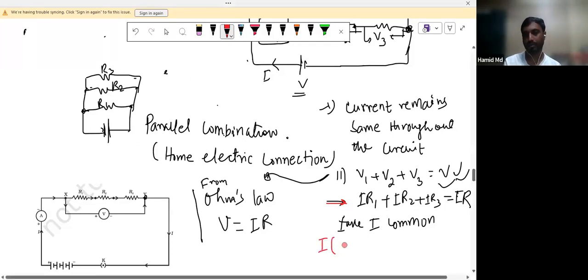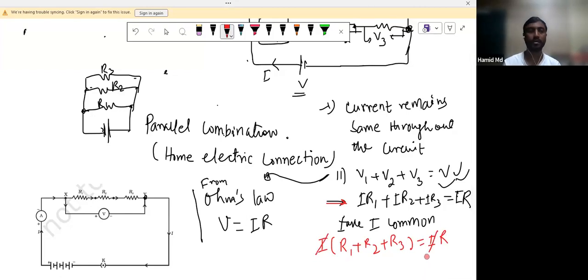If I take I common, then it will be R1 plus R2 plus R3, right? This is equal to I times R. Is this clear? Yes, sir. This I and this I are the same because I doesn't change.